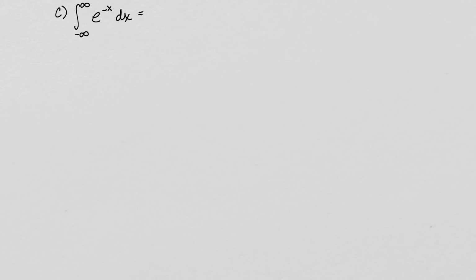If you remember in Calc 1, you can actually split an integral. So I can make this integral go from minus infinity to 0 of e to the minus x dx, plus the integral from 0 to infinity of e to the minus x dx. Remember, as long as the upper limit on this first part matches the lower limit on this second part, then I can put the two integrals together.